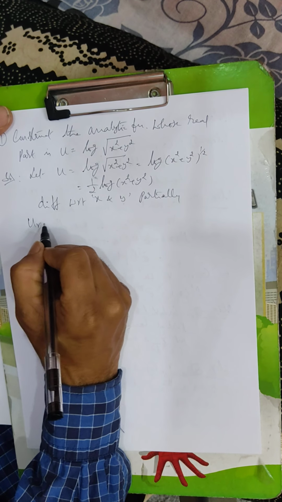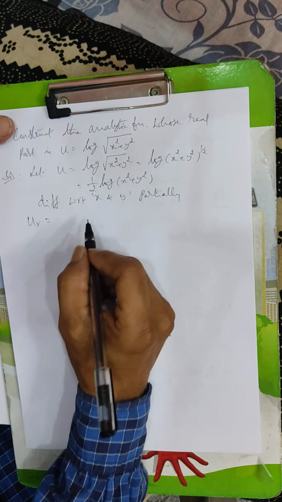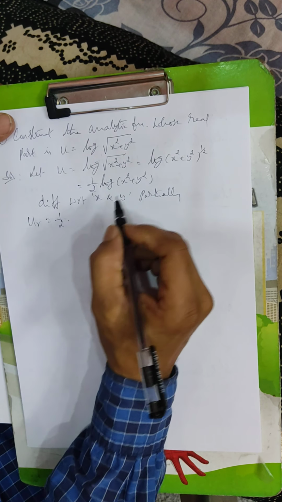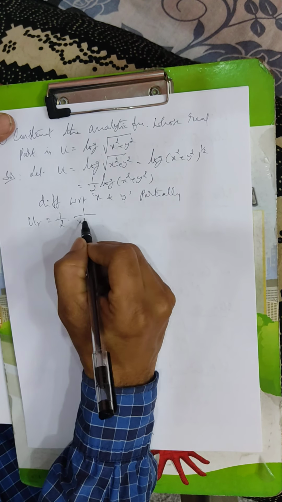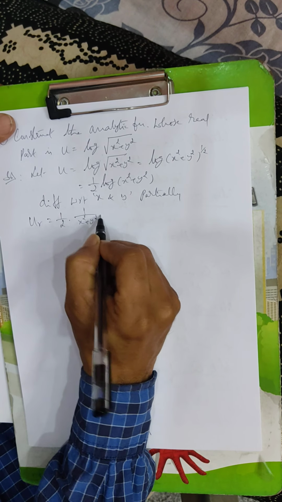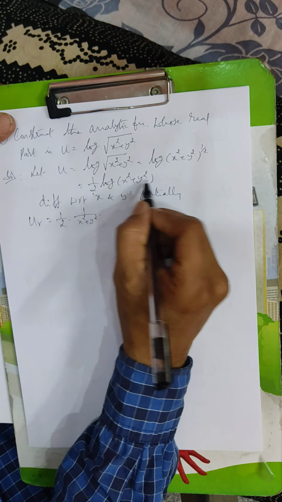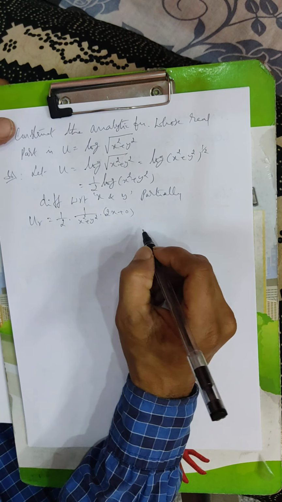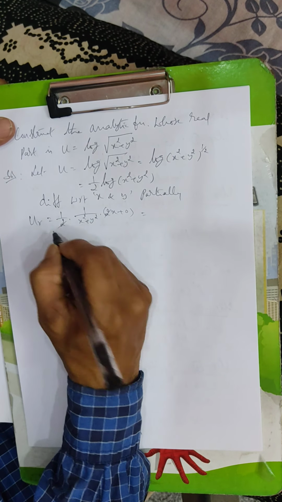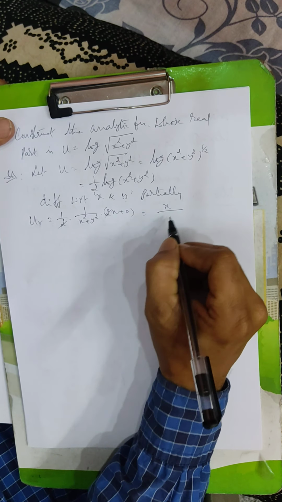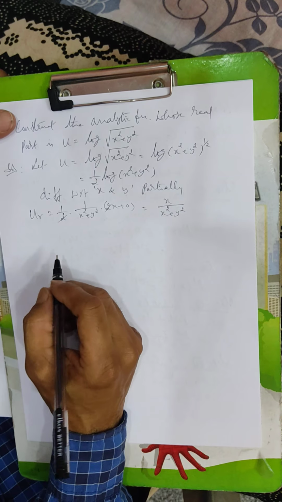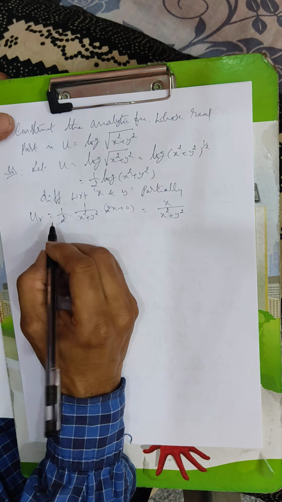So we get ux, that is dou u by dou x, is equal to 1 by 2 log of x square plus y square, which is 1 by x square plus y square into derivative of x square plus y square, which is 2x plus 0. So 2 gets cancelled, we get x by x square plus y square, that is ux.